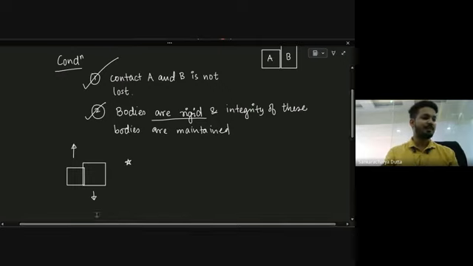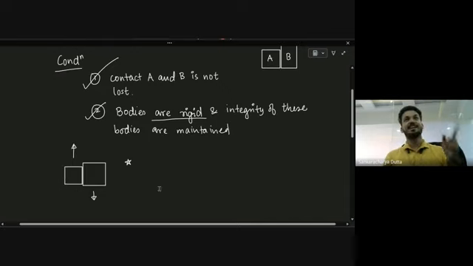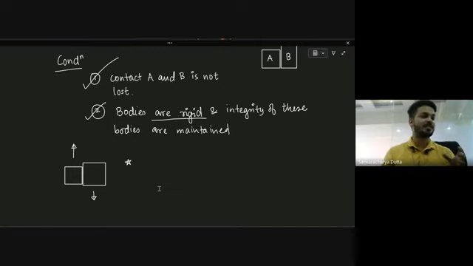If the blocks are moving in the tangential direction at that instant, it is irrelevant to us, it will still maintain contact, and it's not going to undermine the integrity of these blocks. So tangential velocities have nothing to do with the constraint relationship, just like in strings the perpendicular direction components did not make any difference. Here also it's not going to make any difference. I hope that makes sense.